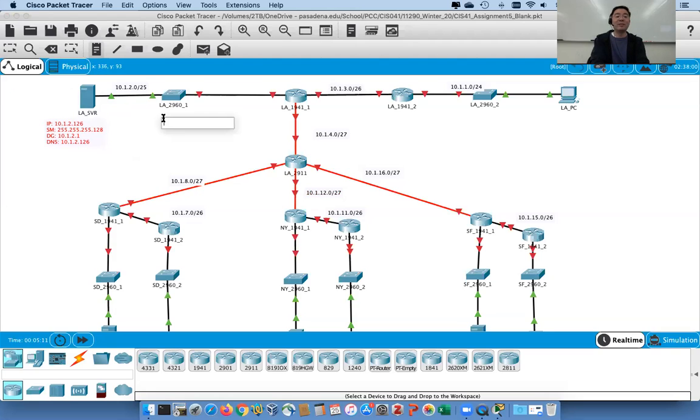Okay, because we're going to go with the same pattern of using last host IP for the host, next to last for the switch. Okay, so IP here, it's 125. 10.1.2.1.